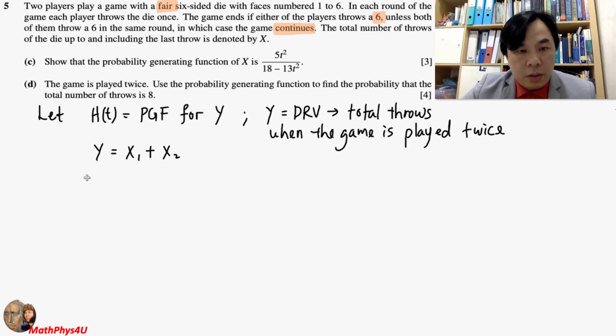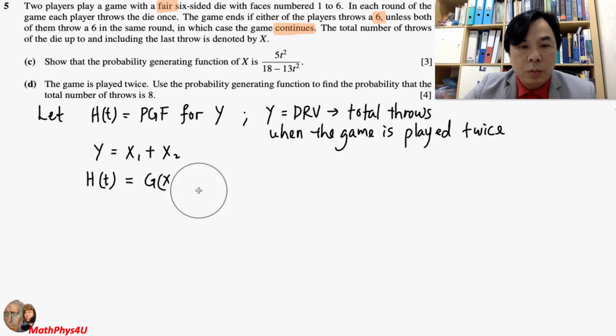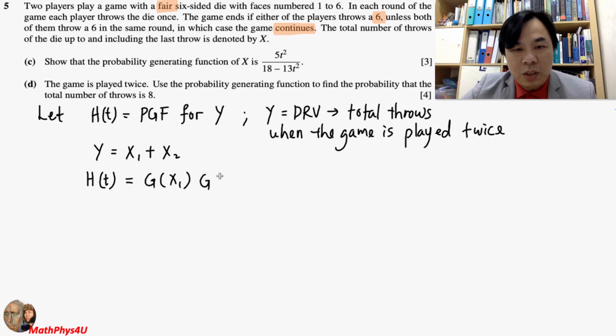And then from here itself, we can work out the probability generating function for y, which is given as, oops, I always write this one down wrongly. It's supposed to be g(x1) multiplied with g(x2) here. Okay, because they are independent, by definition it is the product of the two probability generating functions.